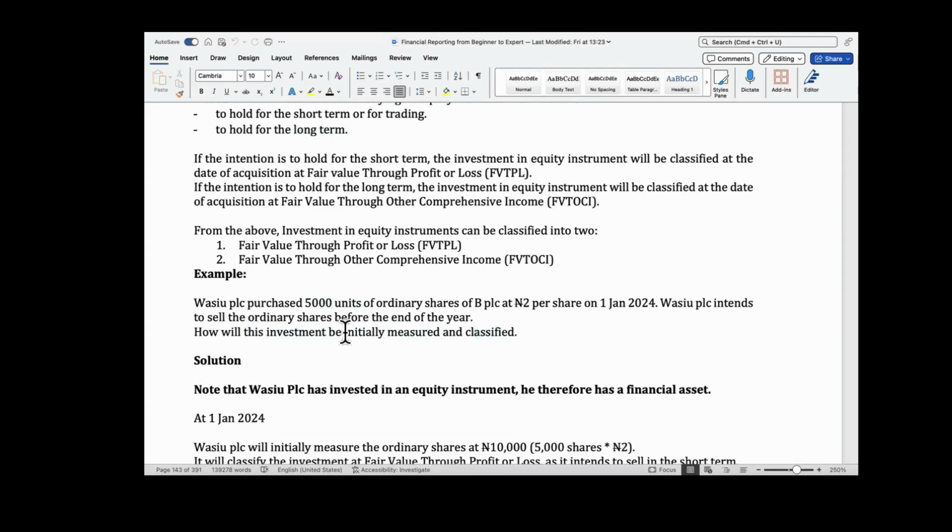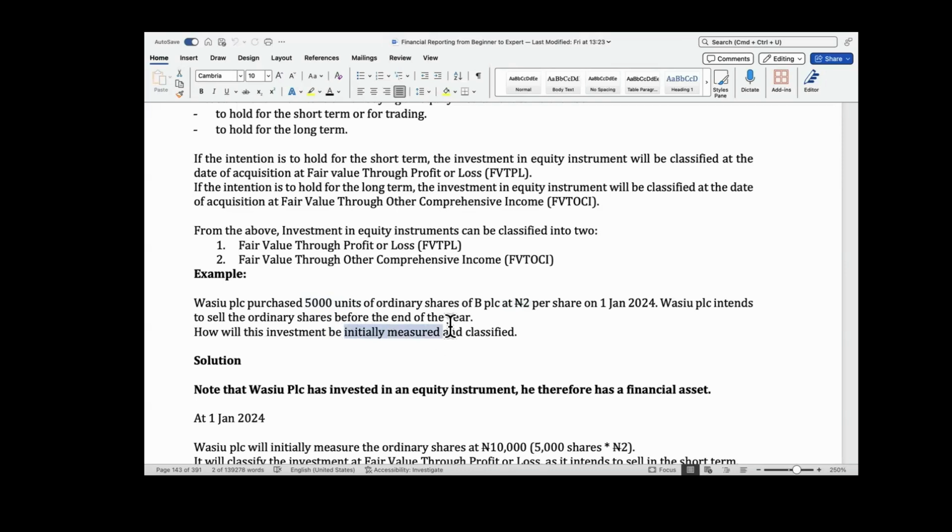Again, I told you that when you buy shares, when you invest in equity, you initially measure them at transaction price, which is the amount you paid. Now, this guy paid 2 naira per share for 5,000 units of shares. That means the transaction price is 5,000 times 2 naira, which is 10,000 naira. So that's how it's going to be initially measured.